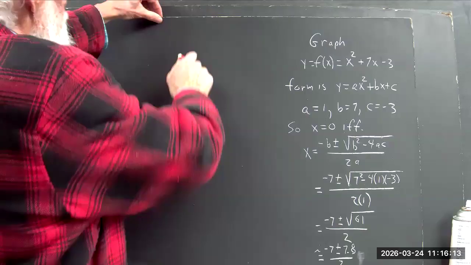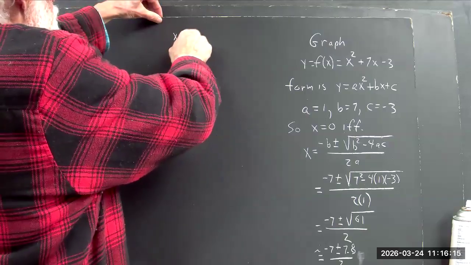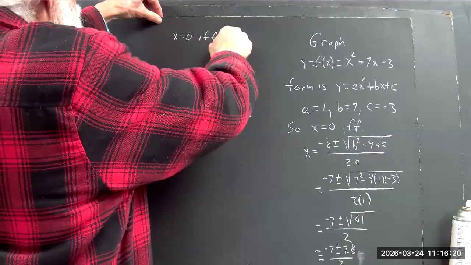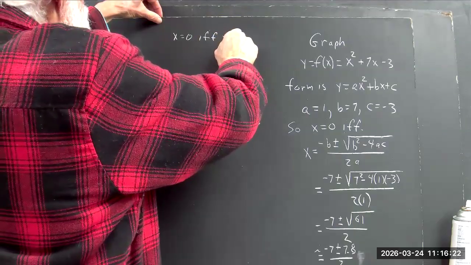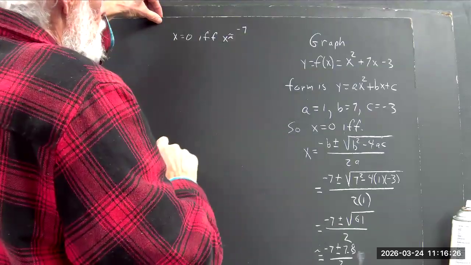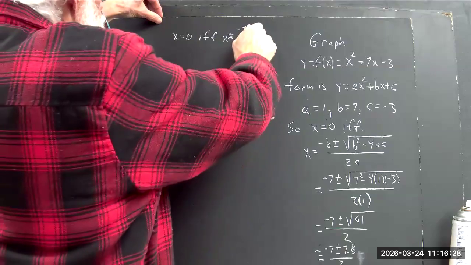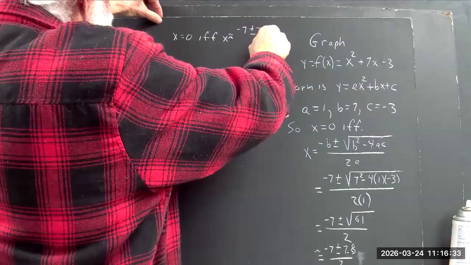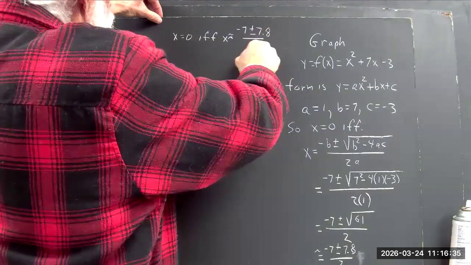Okay, so again, x equals 0 if and only if x is approximately equal to -7 plus or minus 7.8 over 2.